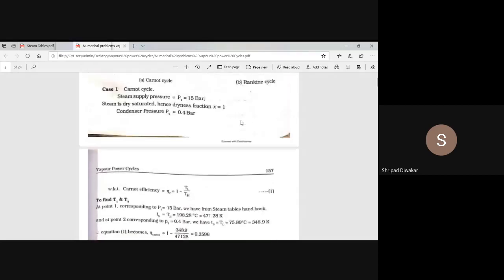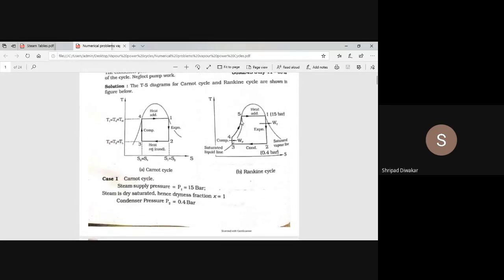What is the heat supplied? You remember the heat supplied during this process. Because we are not considering point 5 and point 4, since pump work is not there, directly the heat supplied is H1 minus H3. Don't consider points 4 and 5.